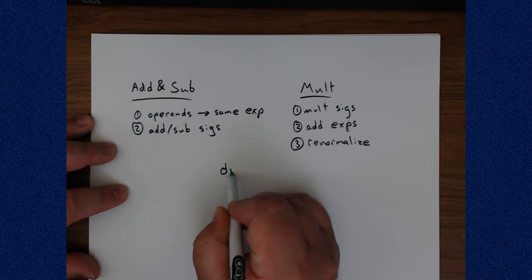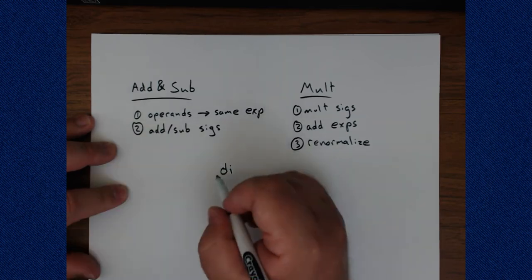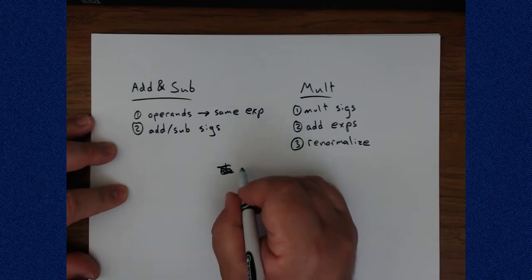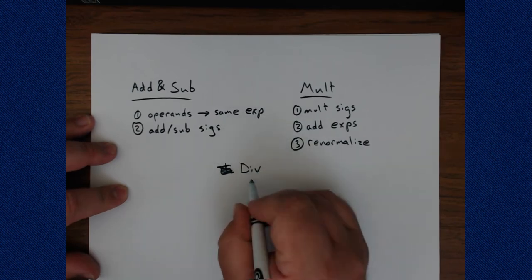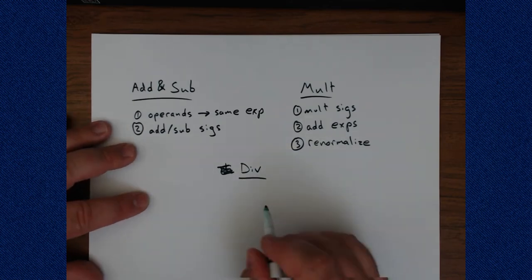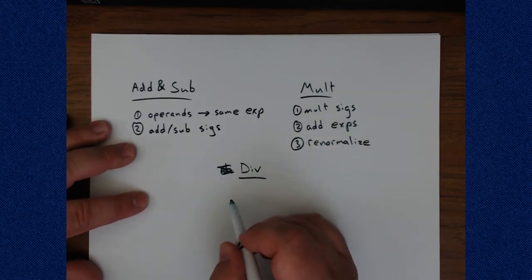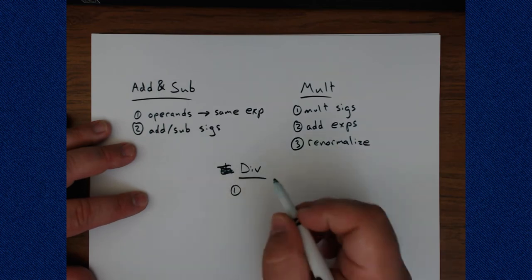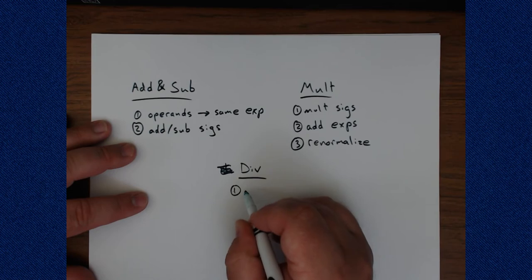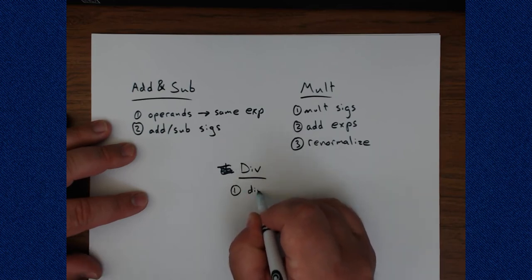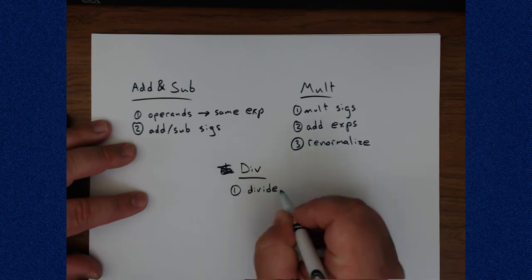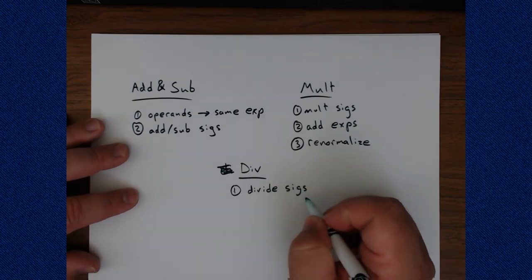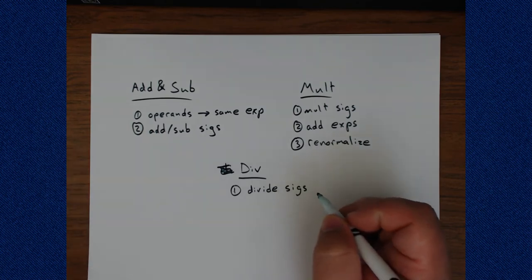And then the final basic arithmetic operation. Oops, I can't deal with having these all have uppercase letters and D in division being lowercase, so here we go. Let's say we're going to divide. It's similar to multiplication, but kind of in the opposite, or just converting multiplication to division in a way. So the first thing we do is divide the significands, again just the two bit patterns themselves. We're not dealing directly with the signs or anything like that.